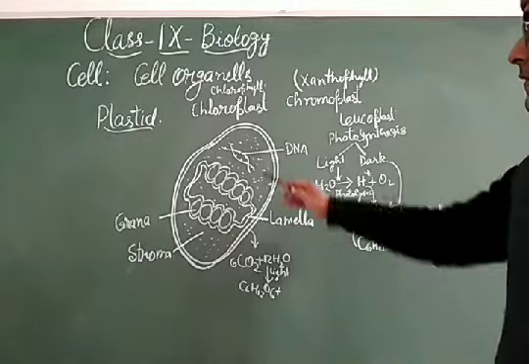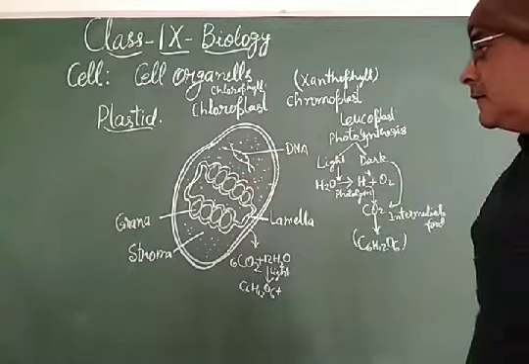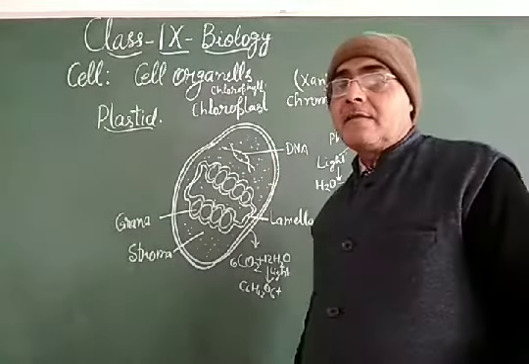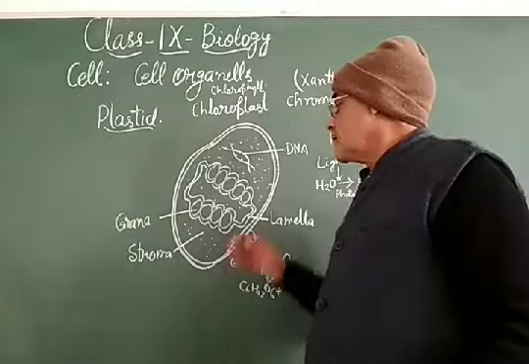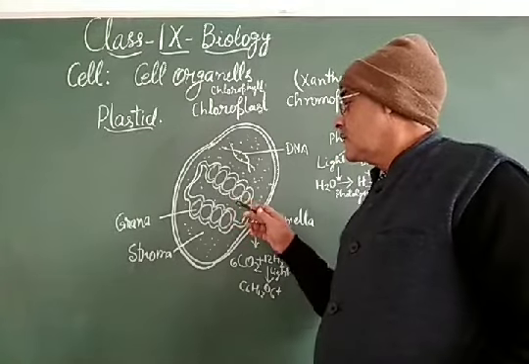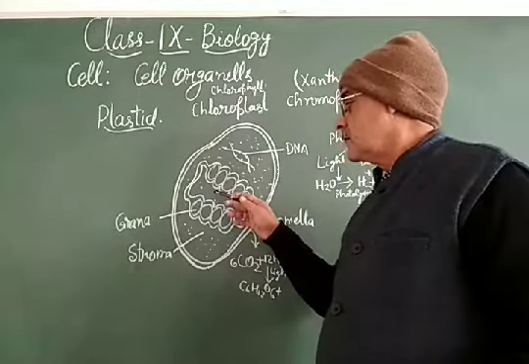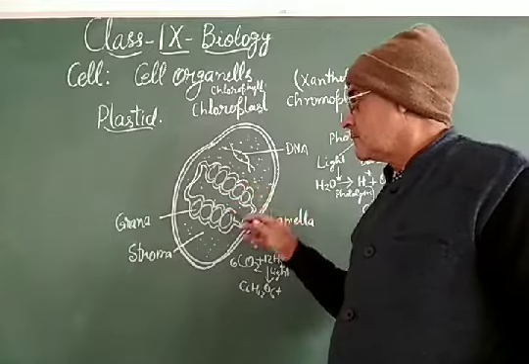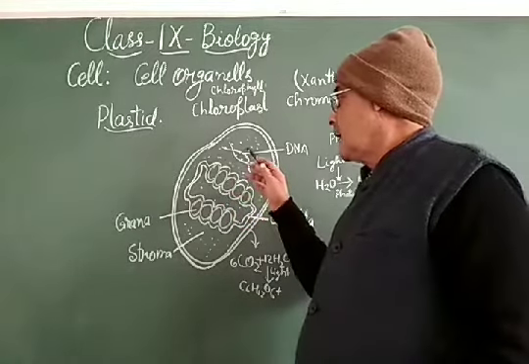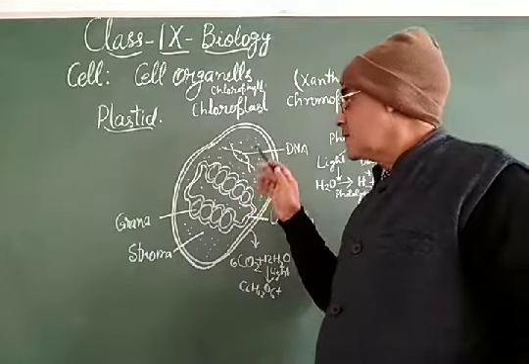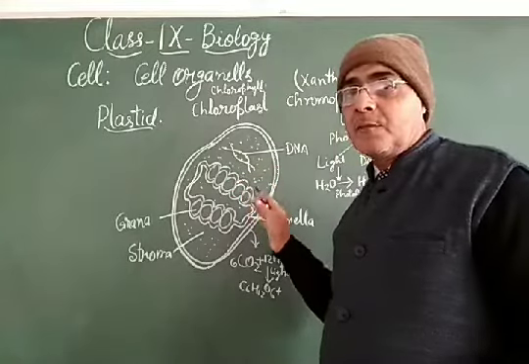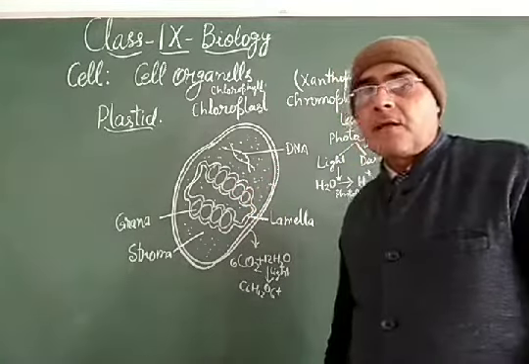This DNA has its own gene, designed for the process done by the plastid, and that process is photosynthesis. So this DNA is only for the photosynthesis present inside the plastid.